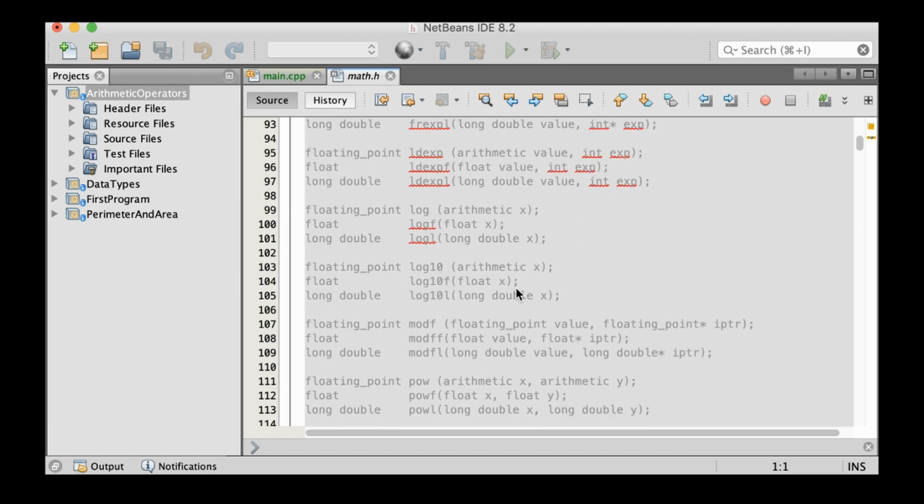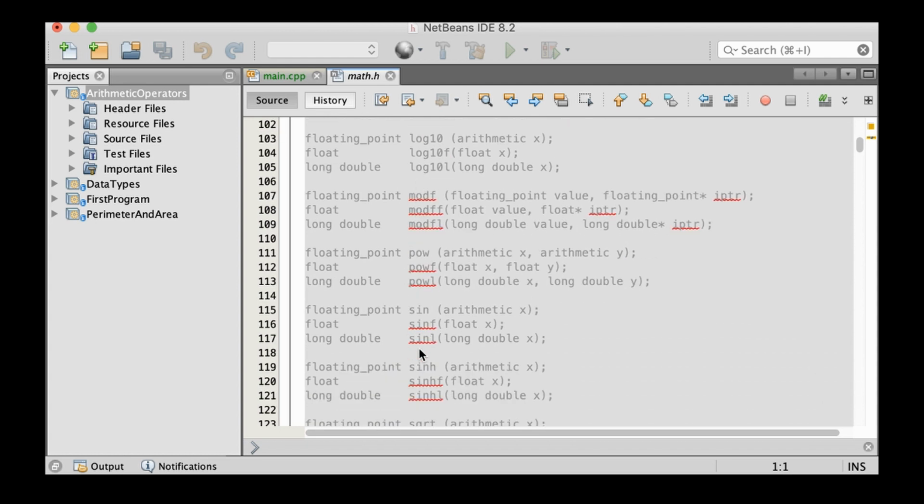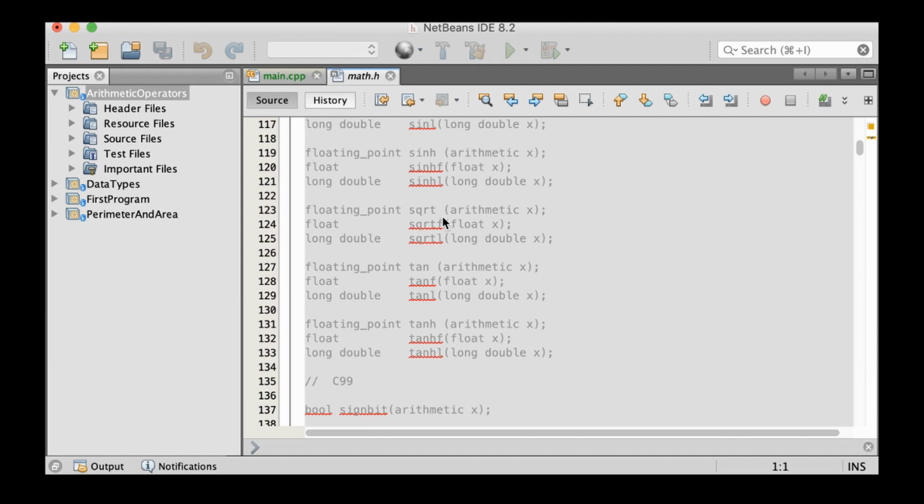You have log10, log10f, you have fmod, you have sine, you have a lot. The square root that we used here takes a floating point and definitely returns a float type.